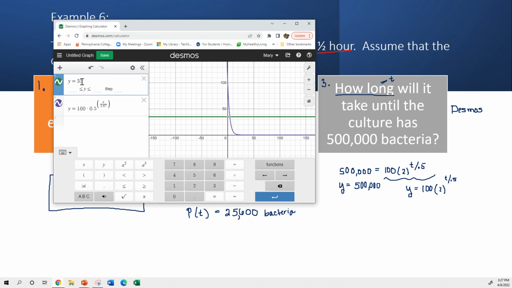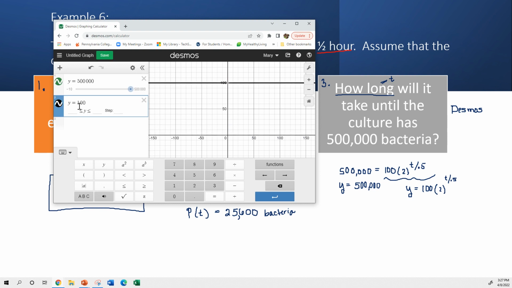And I'll change my first equation here to 500,000. And I'll change my second equation here to be y equals 100 times 2 to the, and I like to use the parentheses here, even though I don't think it's required.